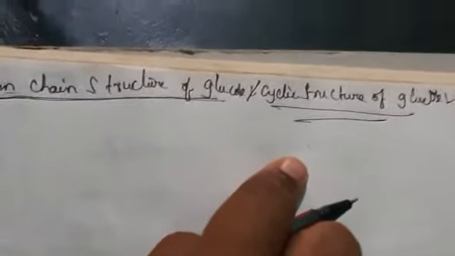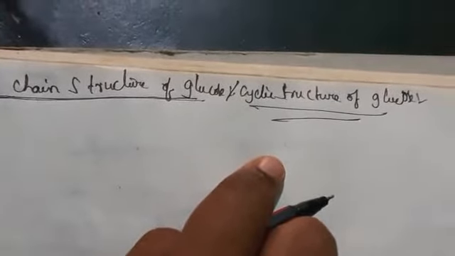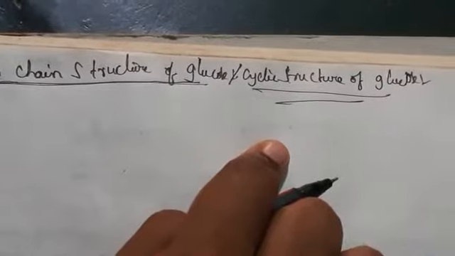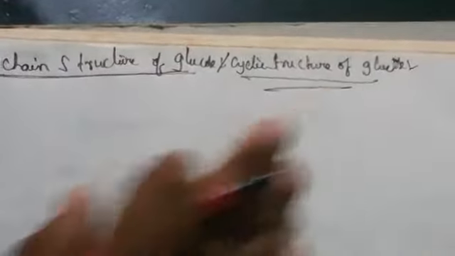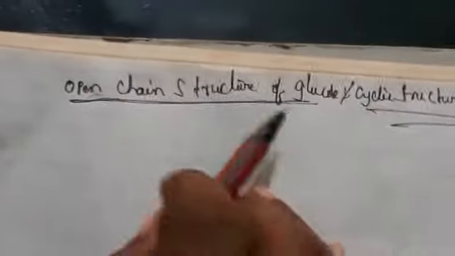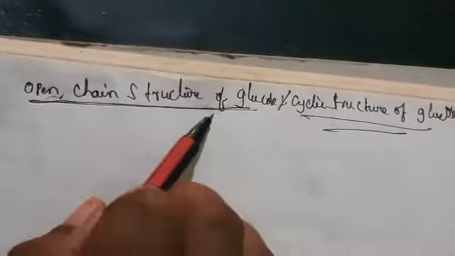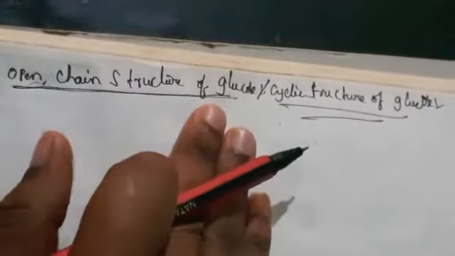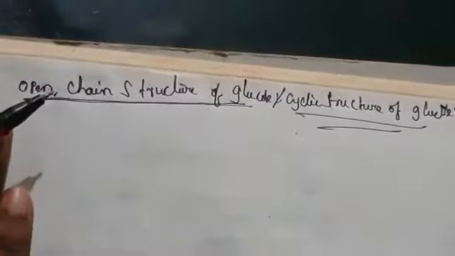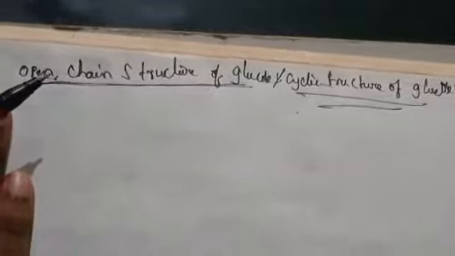Generally I have explained pyridine. What did I explain at the start for pyridine? Structural elucidation. The same thing we are going to see here, the open chain structure or cyclic structure of glucose. The way we did in pyridine, in the same way we have to do here for glucose. See the structure of glucose.